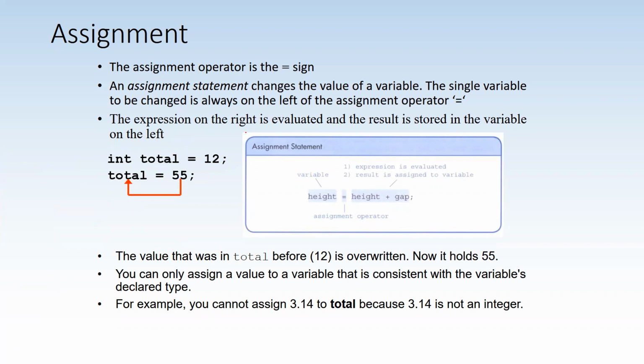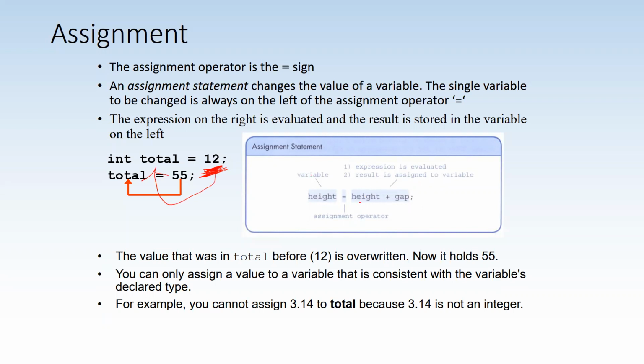So the expression on the right is evaluated, and the result is stored in the variable on the left. Another thing to remember is you always evaluate the right-hand side first. So evaluate this. This is an int literal 12, and then you place it into that memory location.